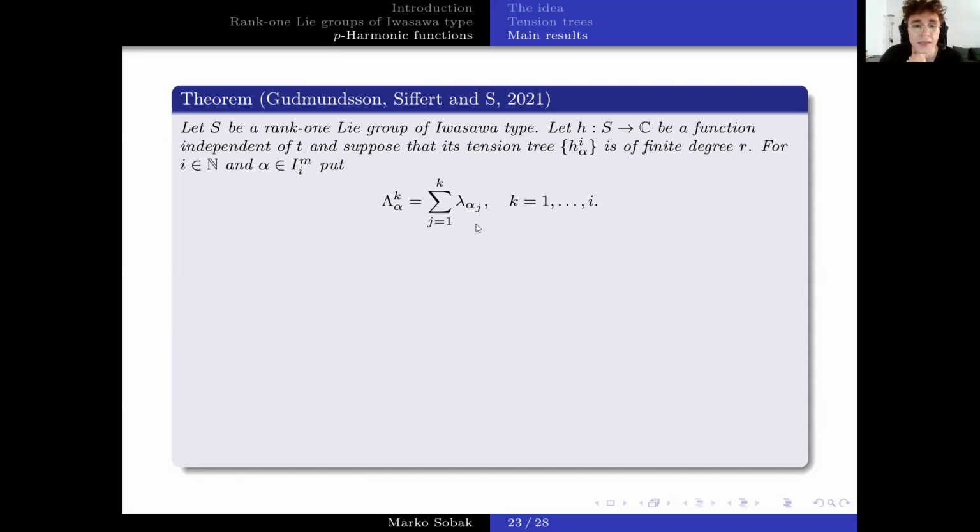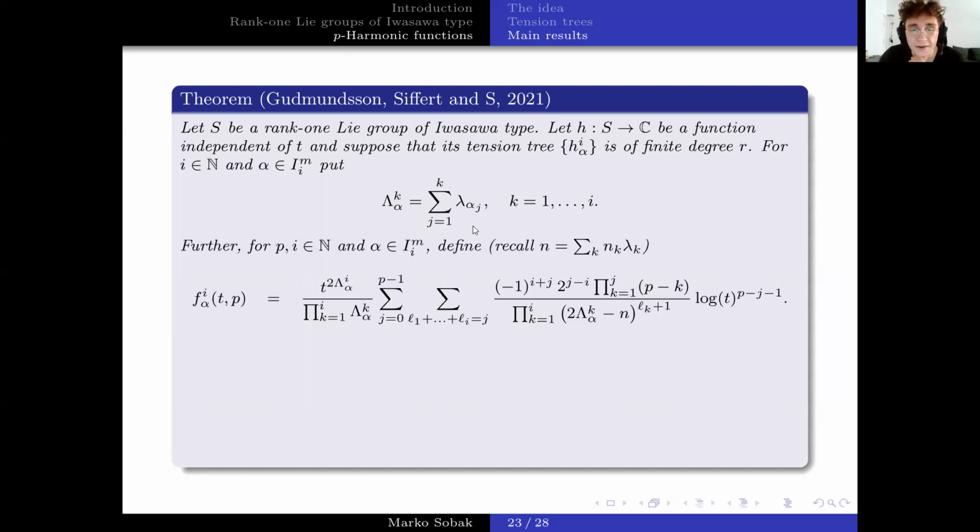But then we can define our correctors in the t variables in some sense. This is quite a nasty formula, but once you start looking at it, you see why each of the terms is necessary.